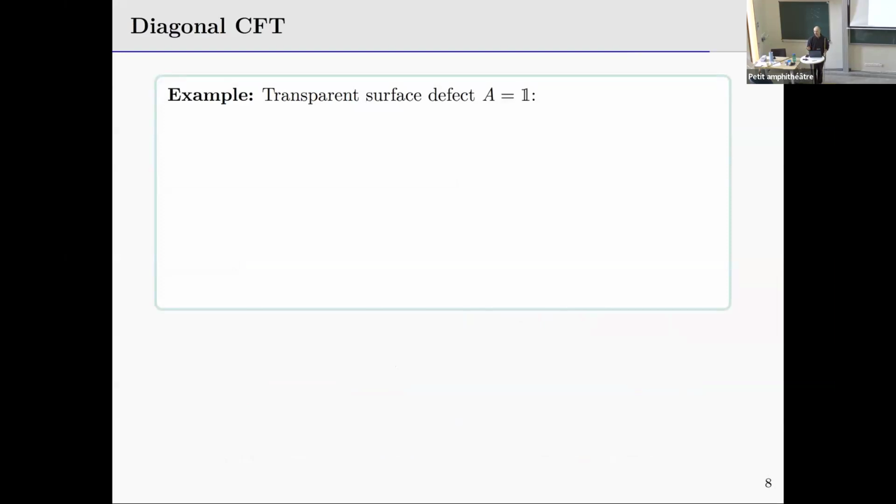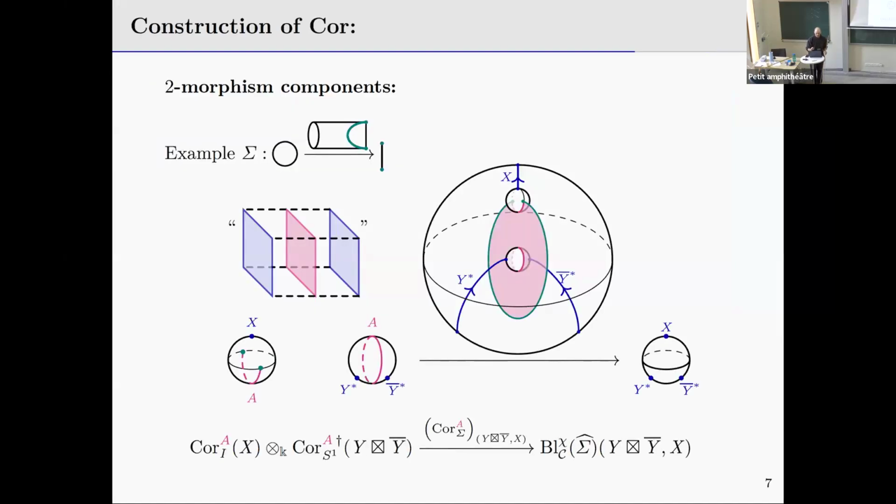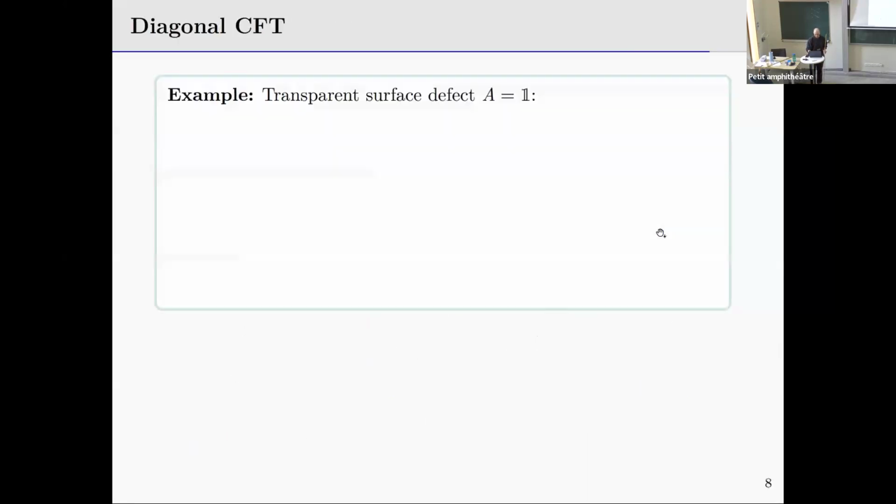And this will correspond to the diagonal CFT. I should also mention that we should put some boundary labels here in order to make sense of everything. And what's maybe nice about the whole construction is that you can very easily also encode topological defects by just putting some extra lines on the surface.